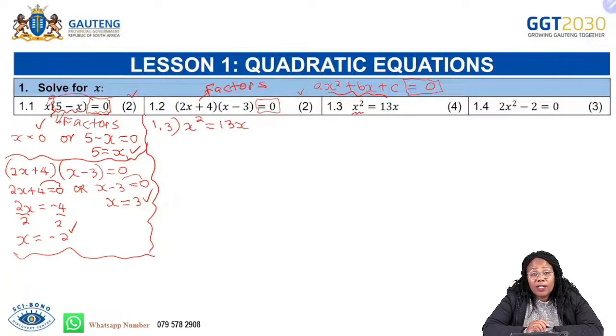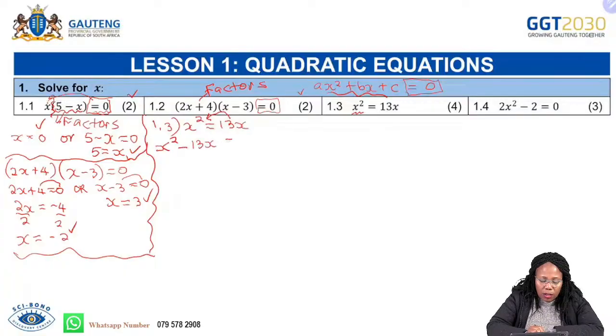Okay, so what are we going to do now? Remember, we must have a 0 on the right-hand side. Therefore, we'll transpose 13x to the left. It will be x squared, then this becomes minus 13x equals 0. Okay, and then now we can take out the common x because you have x and x there. So from x squared, when you take out 1x, we will remain with 1x there.